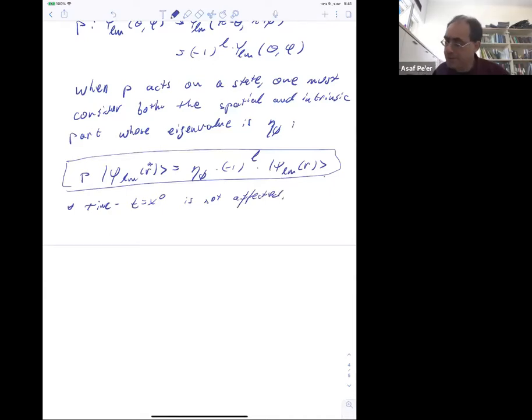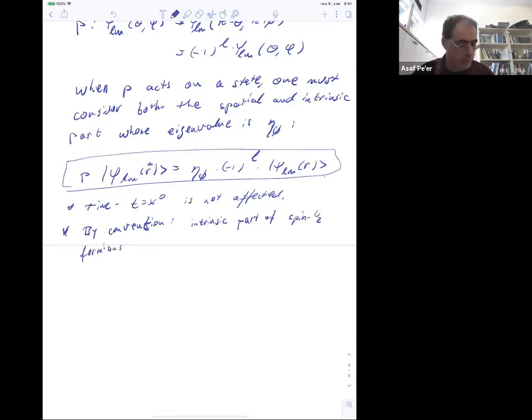Now, by convention, it's really a convention, the intrinsic parity of spin-half fermions is defined as +1. For anti-fermions, it's -1.